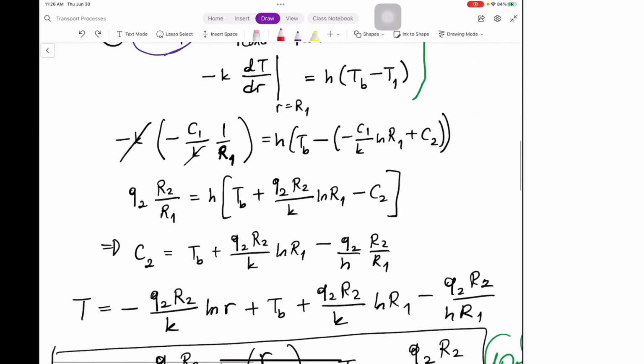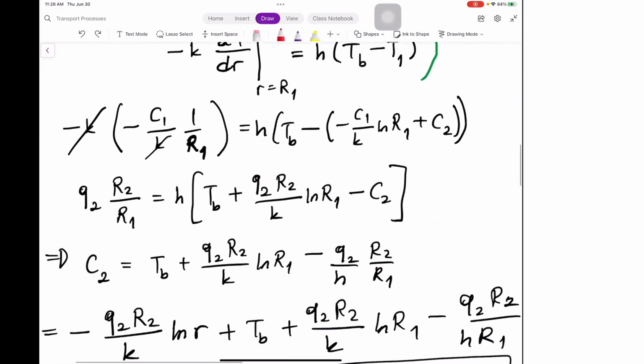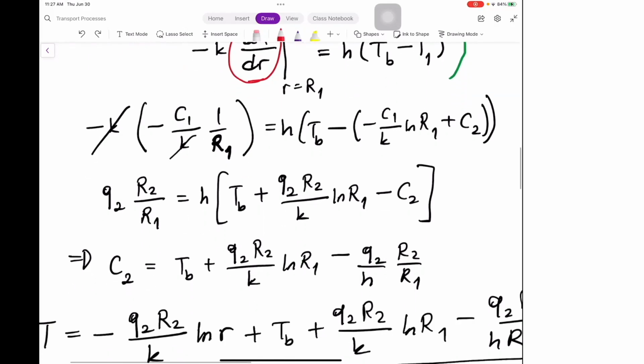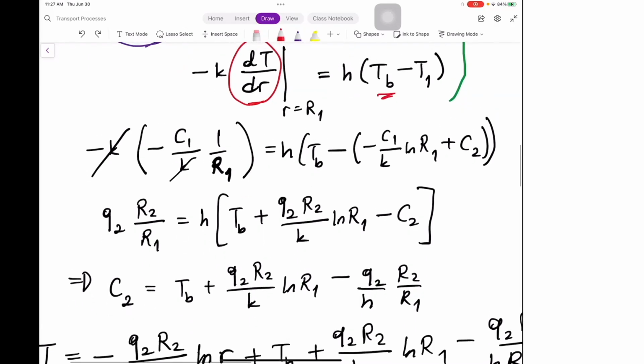And then after some algebra, we can solve for this equation because you know dT over dr in terms of C1, right? We wrote it down here. And we write down TB. And instead of T1, you just write down T as a function of R, but R replaced by R1. Okay.